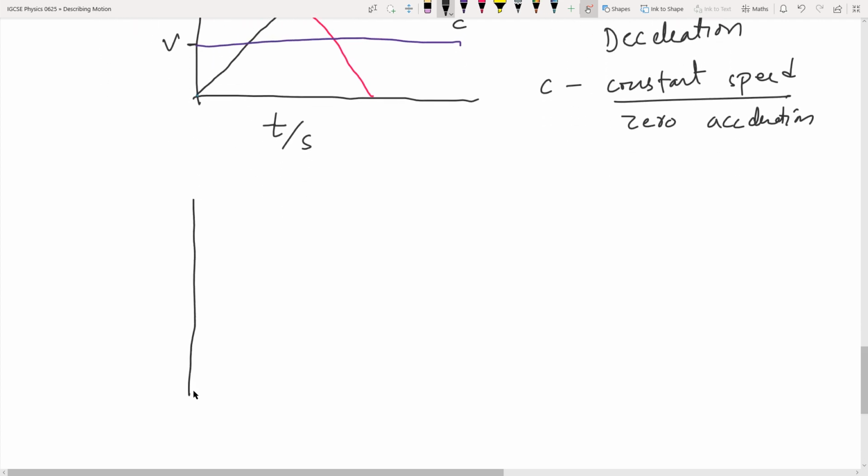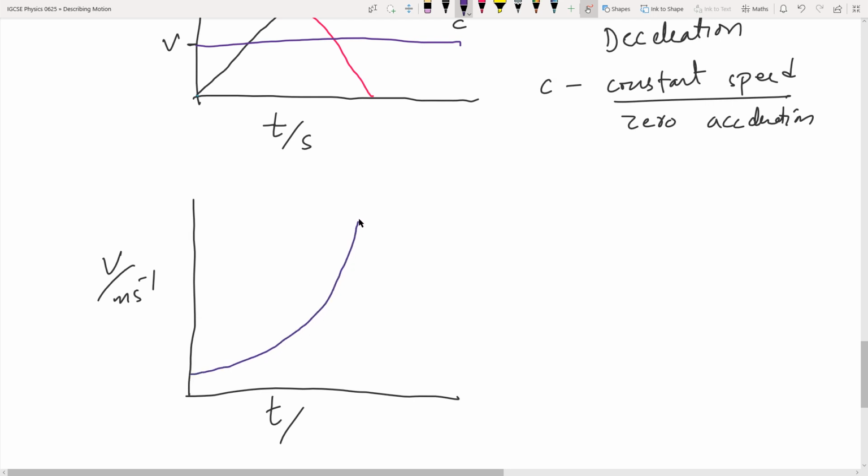I'm going to draw now two more lines over here with curves. So let's take the blue one. Let's say it was like this, and then we have something like, let's draw this from 0 like this, right?